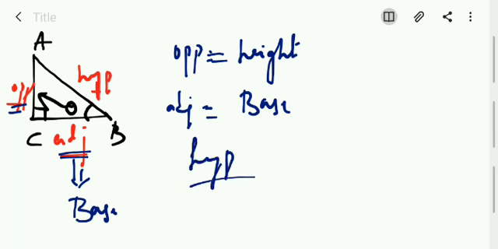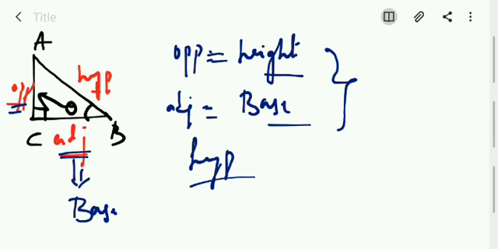Now, why I am telling this height and base concept is, suppose there are questions where the base of the triangle is so much and the height is so much, and you need to find out the trigonometric identity. There are a lot of problems which might arise in the upcoming part. So that is why I'm just letting you know what other terminologies you can name it.